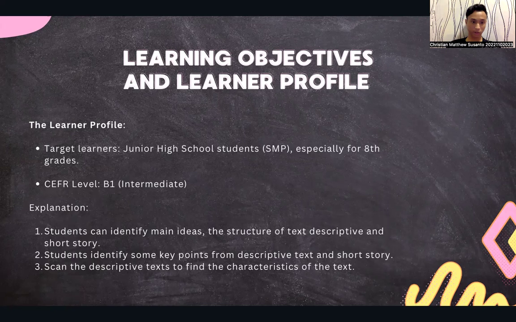The explanation is: students can identify main ideas and the structure of descriptive text and short story. The second is students identify some key points from descriptive text and short story. And the last is scanning the descriptive text to find the characteristics of the text.